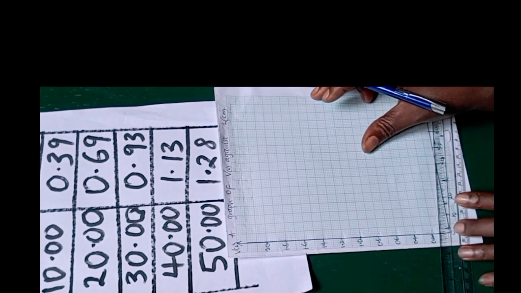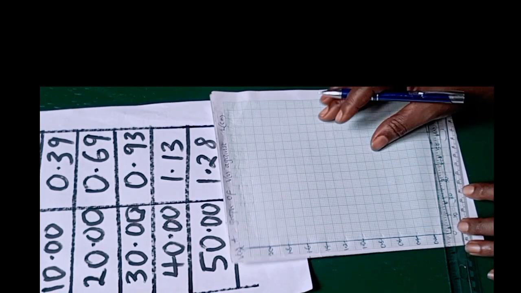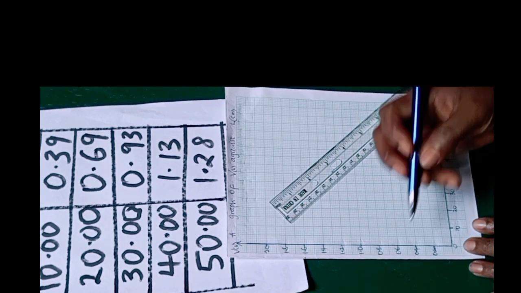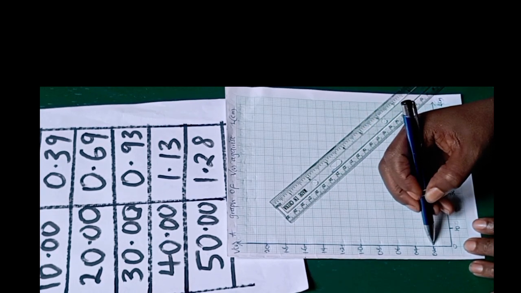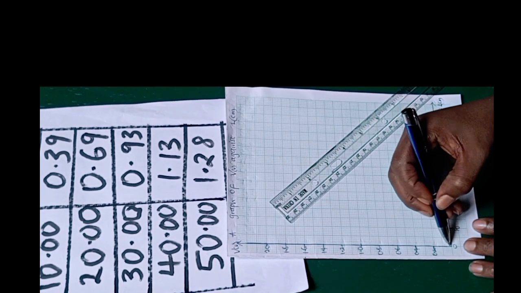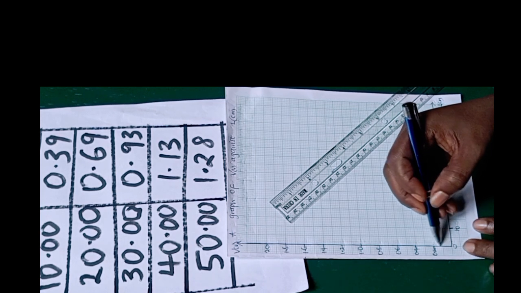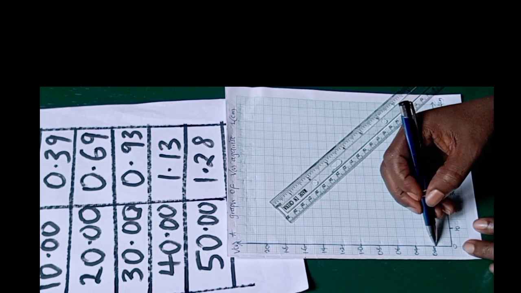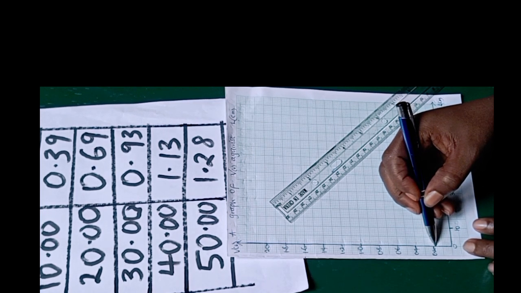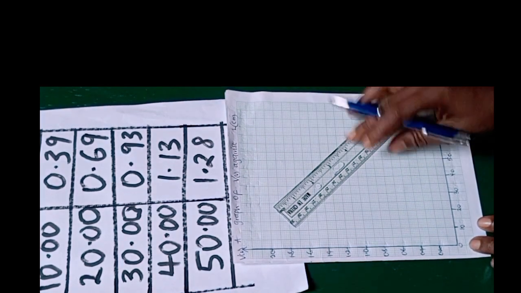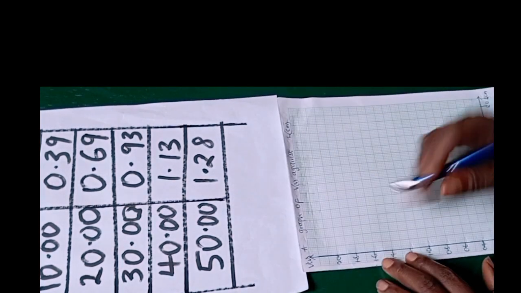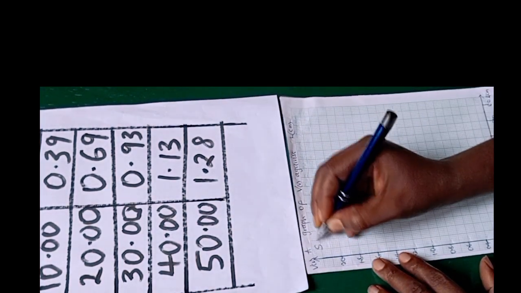We have to plot 0.39 against 10 centimeters. Before we do that, if from here to here is 0.2, what does one line stand for? Since we have 10 calibrations here, we divide by 10, so it becomes 0.02. One important thing before we start plotting is to write your scale.